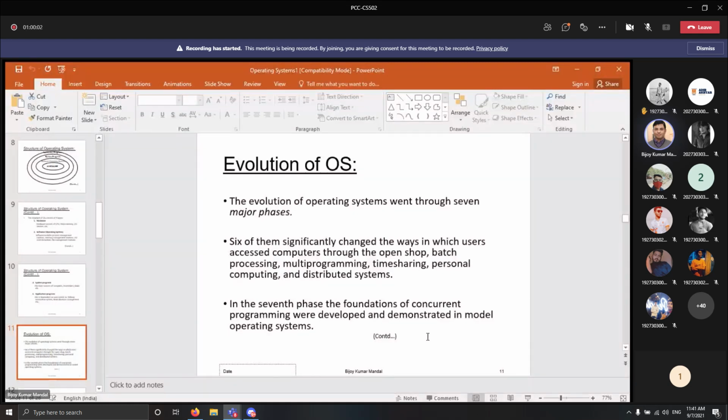At the same time we have another Windows, Windows 2000, in the month of February. Windows XP came in October 2001. Windows Vista November 2006. Windows 7 October 2009, and after that Windows 8, 10, 11.